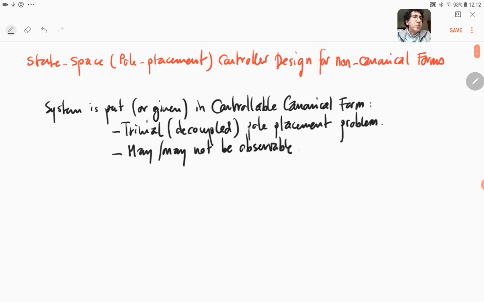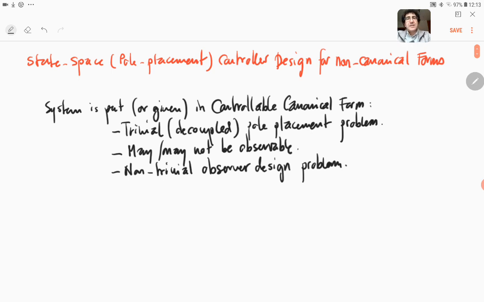Obviously, if it's not observable, we cannot design an observer for it, at least a full state observer. And even if it's observable, we have a non-trivial observer design problem. So if you make the controller design problem easy by picking the controllable canonical form, then the observer design problem may not be that trivial.